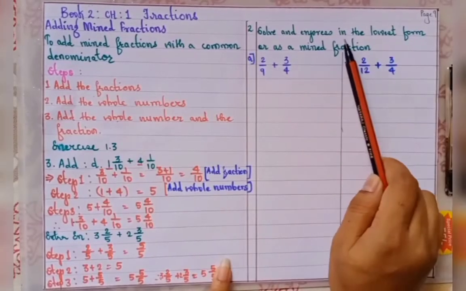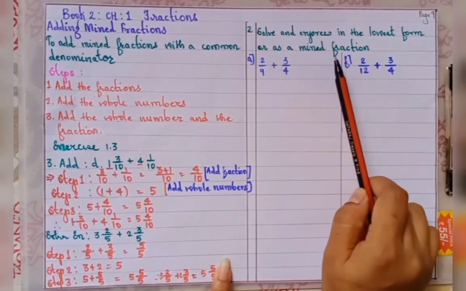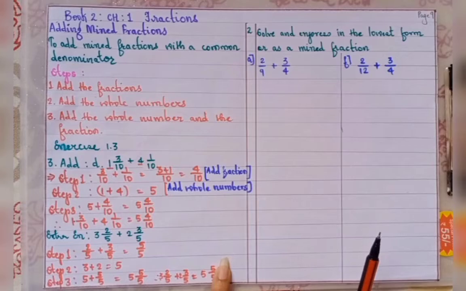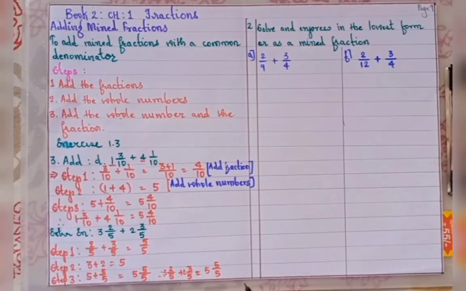Now solve and express in the lowest form or as a mixed fraction. What we have to do here is, they have given unlike fractions, and you know that unlike fractions can't be added together directly. So first, these unlike fractions we have to convert into like fractions. How do we convert them?